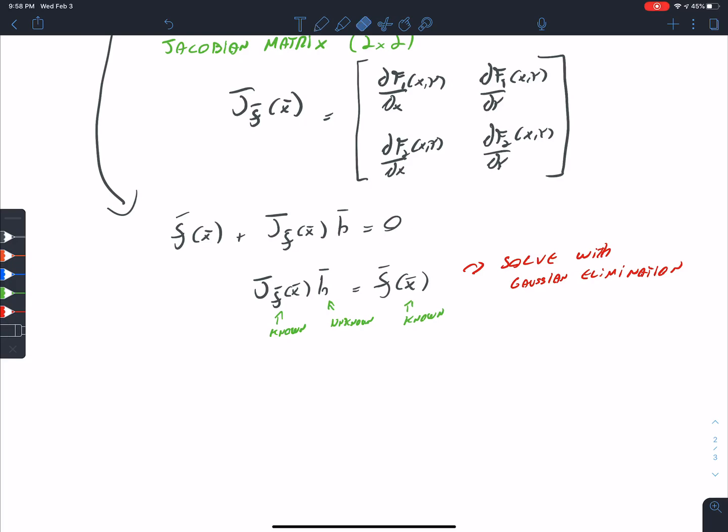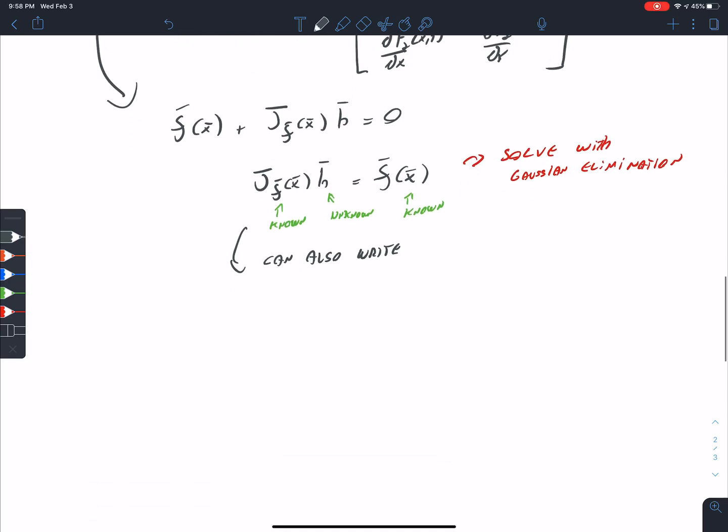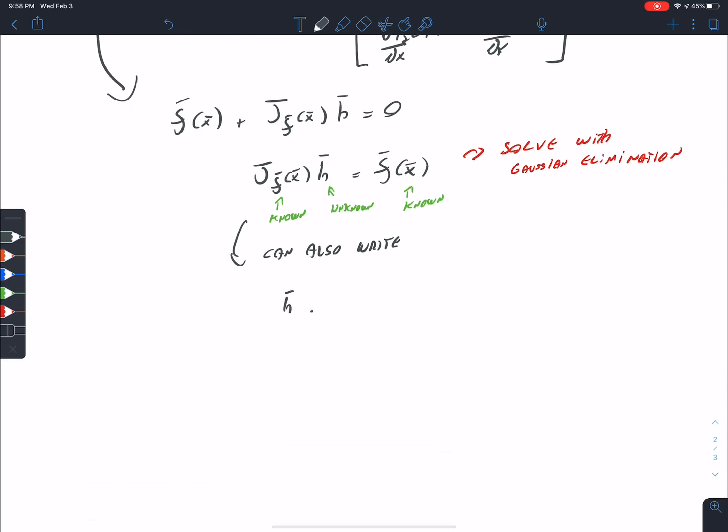Or we can also write h as being equal to the inverse of this matrix, which is another concept that we studied earlier on. A 2x2 matrix whose determinant is not 0 will have an inverse, times f of x.